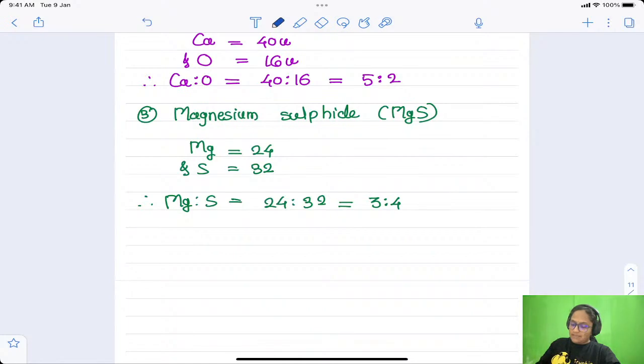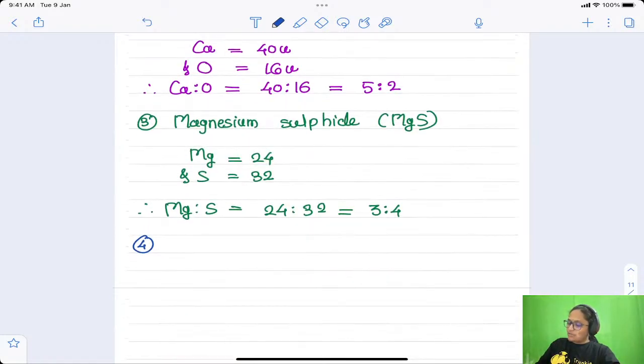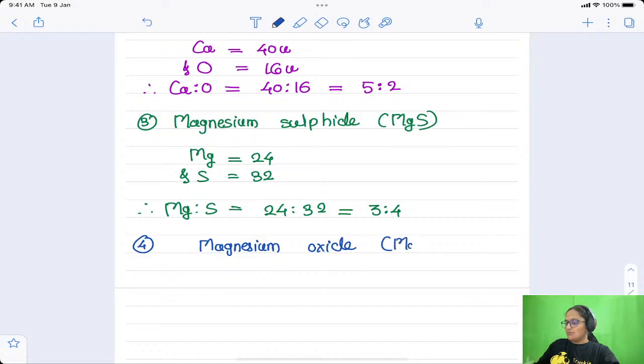Then the fourth example I will write down, and that is magnesium oxide. Magnesium oxide formula is MgO.